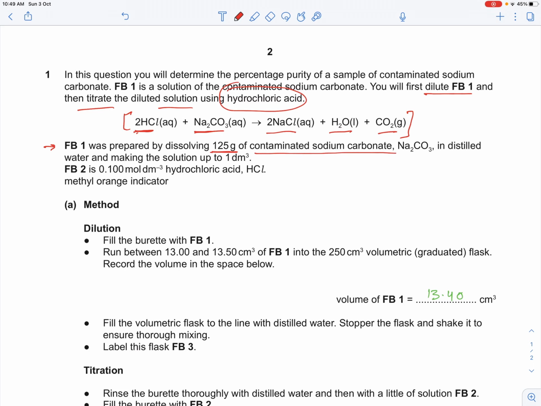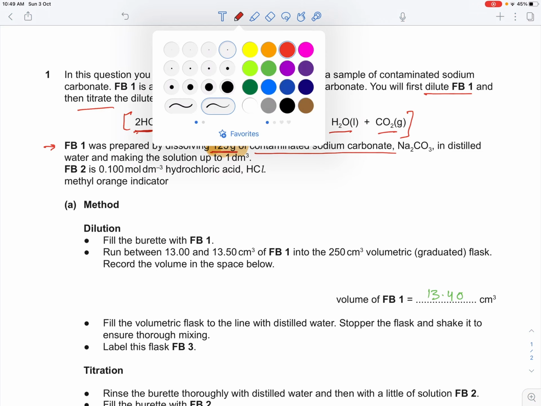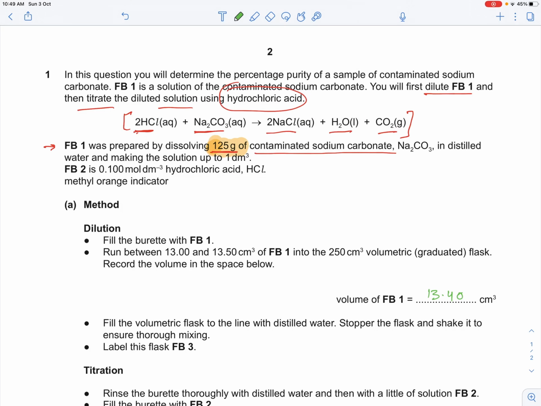The next instructions are that Fb1 was prepared by dissolving 125 grams of contaminated sodium carbonate. This is the mass of impure sodium carbonate, or you can say contaminated sodium carbonate.